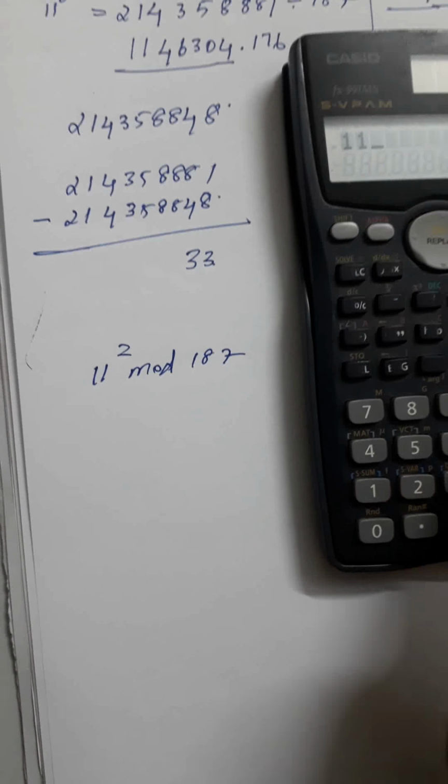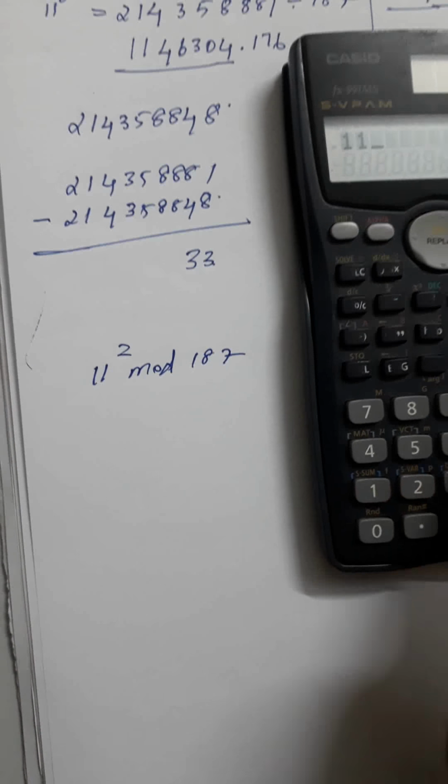Into mod 187. Now as we have 11 power 23 mod 187, we have separated it into smaller values of 11 power 8 mod 187, 11 power 8 mod 187, 11 power 4 mod 187, 11 power 2 mod 187, 11 power 1 mod 187. We have calculated 11 power 8 mod 187, which is 33.